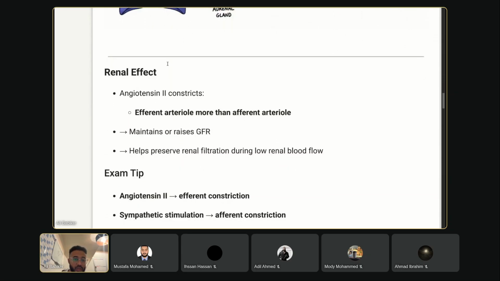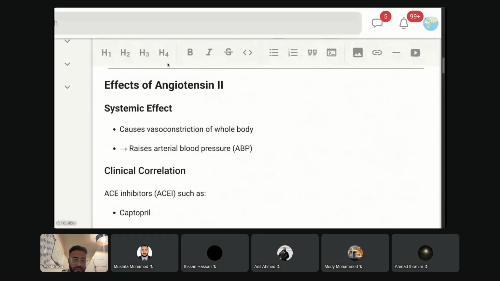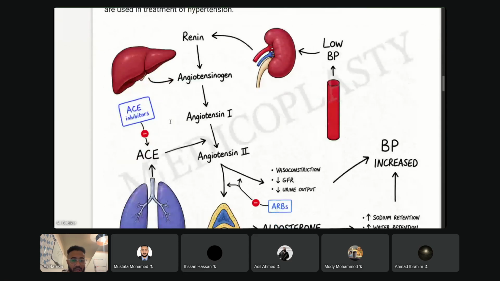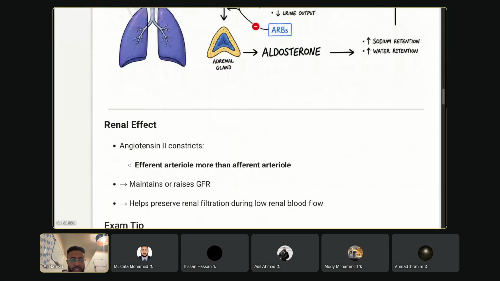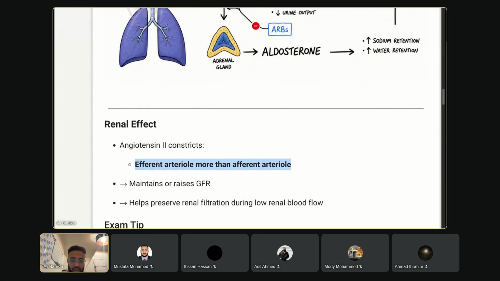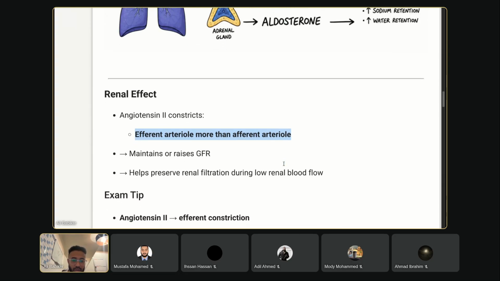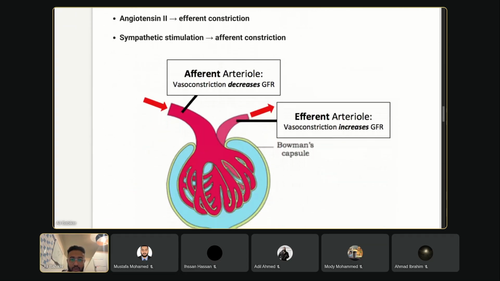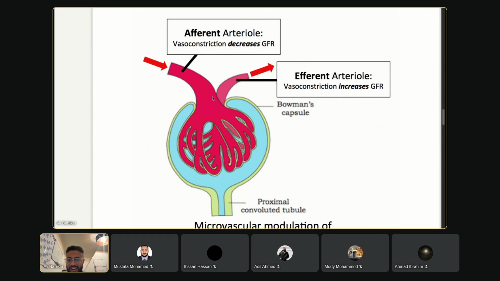All right, we spoke about the systemic effect of angiotensin 2. We also have the renal effect. Angiotensin 2 constricts the efferent arteriole more than the afferent arteriole. I'm going to show you the efferent and afferent arterioles. This is the afferent one, and this is the efferent one.